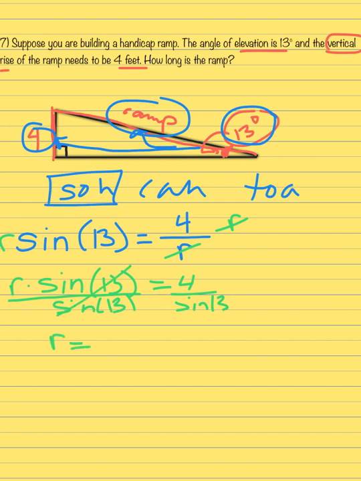And r equals 4 divided by the sine of 13. And then we type that into the calculator. The ramp needs to be approximately 17.78 feet.